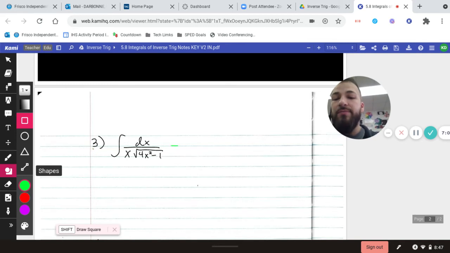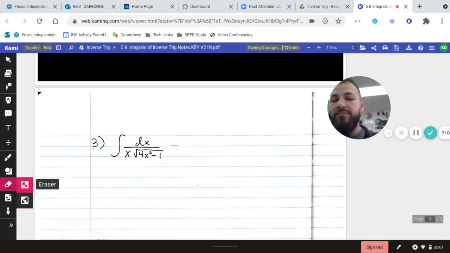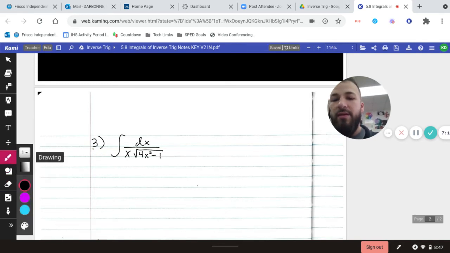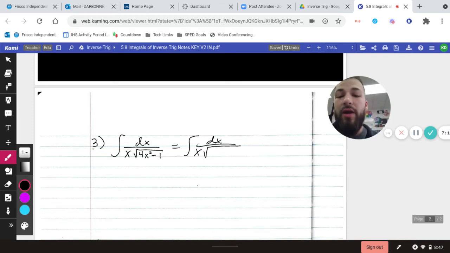So if I do that, I get the integral of dx over still x times the square root of, instead of 4x squared, 2x parentheses squared. Because if I squared 2x, 2 squared is 4, x squared is x squared. So 4x squared is also equal to 2x parentheses squared.